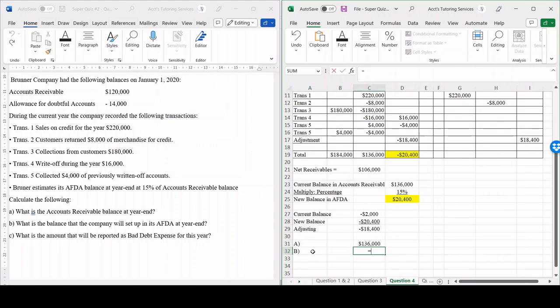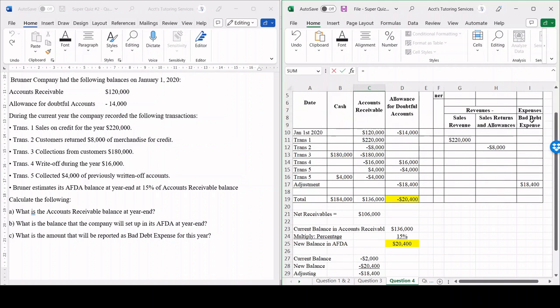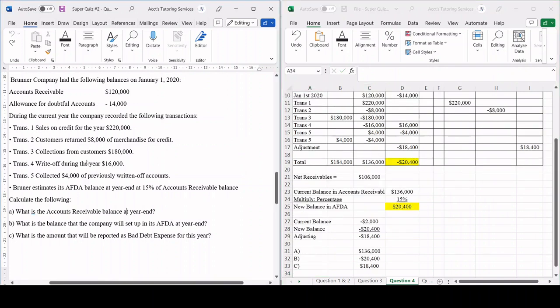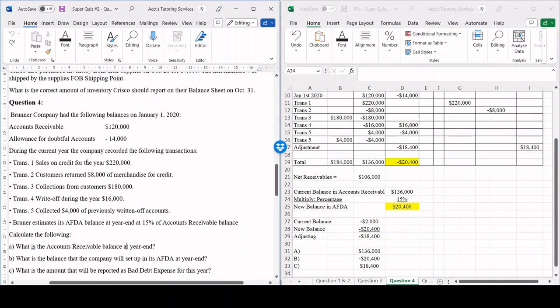This is simply going to be the 2,400. Remember, this has to be negative. And then for C, what is the amount that we reported as bad debt expense for the year? We've calculated this over here. Bad debt expense for the year is 400. So that wraps it up for this question.